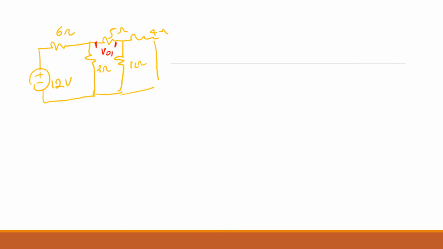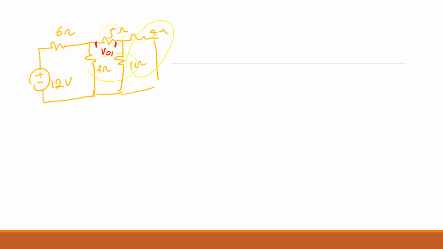You can combine 12 and 4, that's right. But how can you combine 6 and 3? Are they in parallel or series or what? 3 and 12, no. If you say these two are parallel, then there is something in between them.